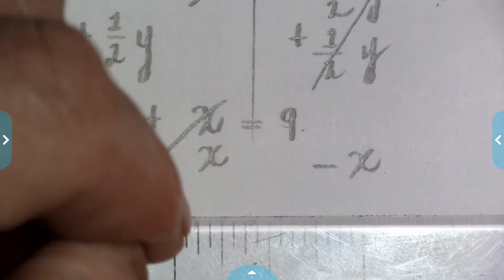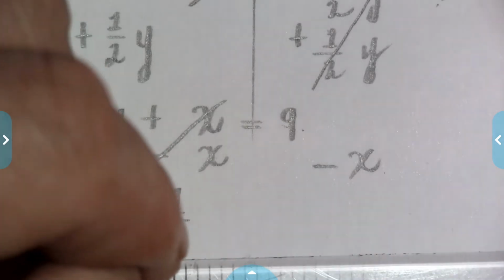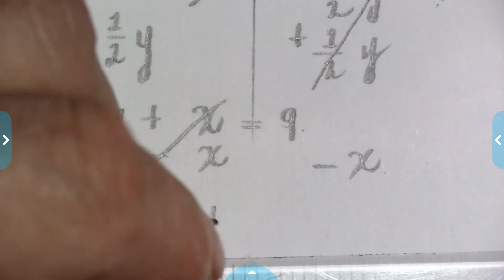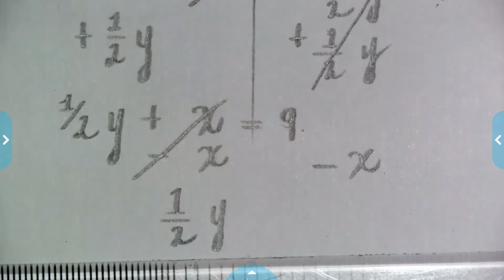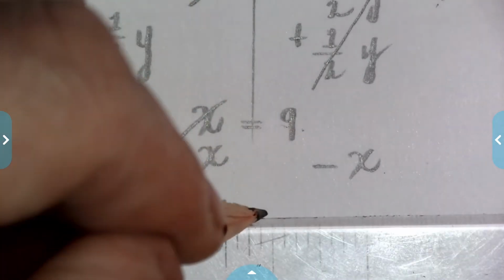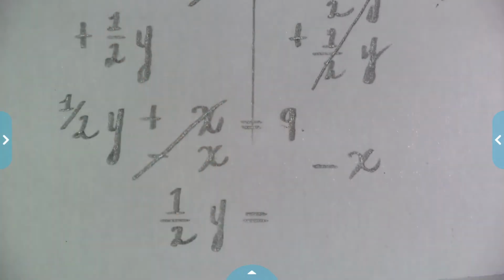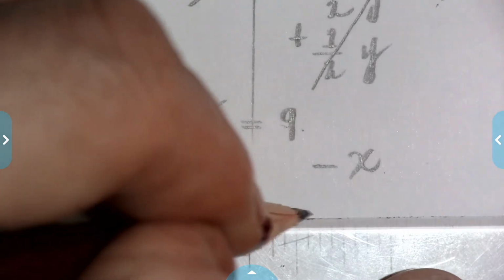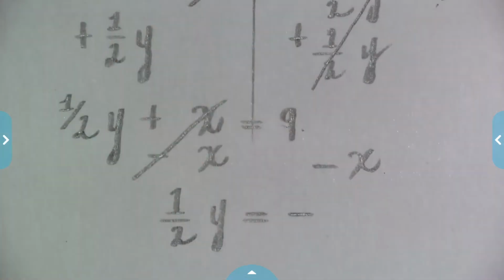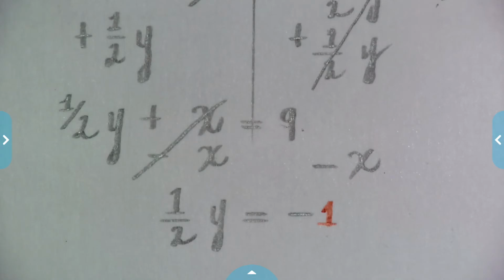So we have 1/2 y equals negative, and here I'm going to do something. Instead of writing negative x, I'm going to write negative 1x, because that's really what negative x means, and it might help us in a minute.